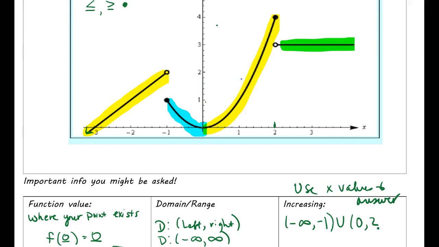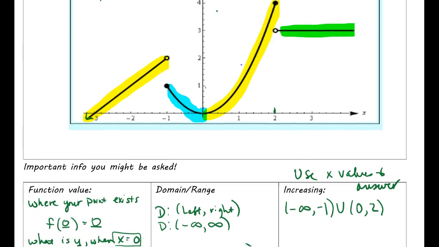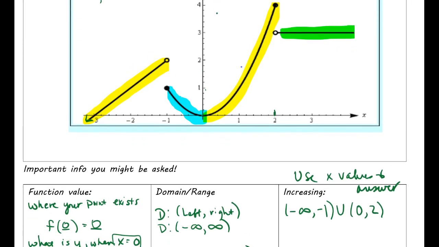Now, what I'm about to do, this is going to be a teacher discretion. I'm going to put a parenthesis. There are some teachers that would have you put a bracket because that is a filled-in circle. But most teachers that have an actual math degree are going to say use parentheses everywhere. And it's going to be a real technical reason.